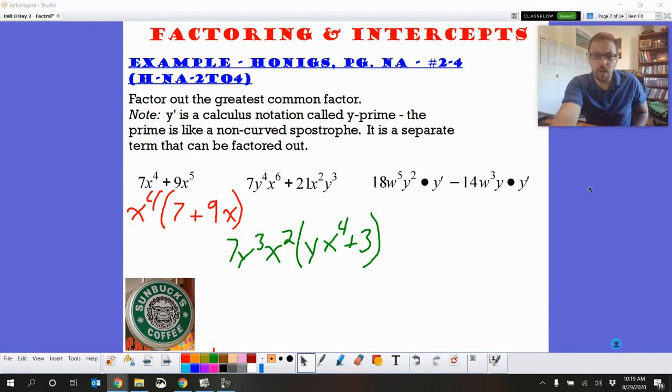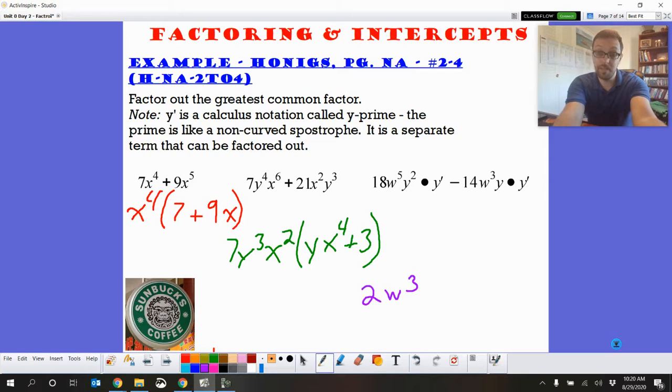So I checked the 18 and the 14. Let's see, we've got 7. Nope. 2. 2 is our only common factor. So we're going to factor out a 2. In terms of w, the smaller exponent is cubed.